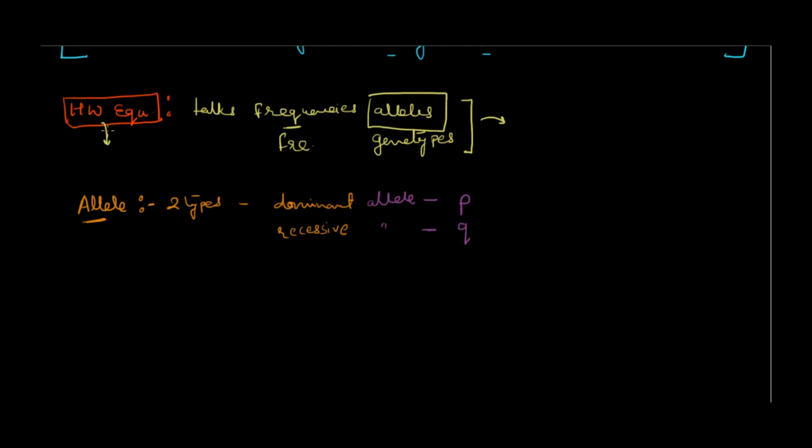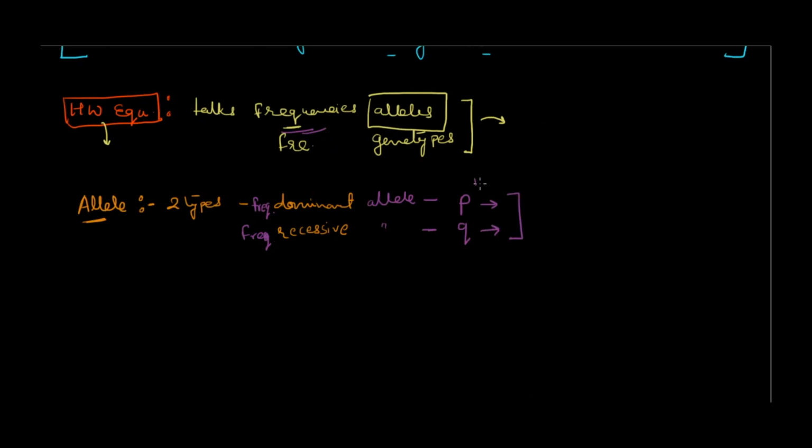As I said, the Hardy Weinberg equation always talks about frequencies. So that means the frequency of the dominant allele is denoted by small p, and the frequency of the recessive allele is denoted by small q.